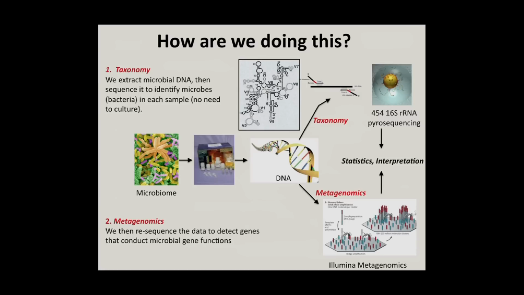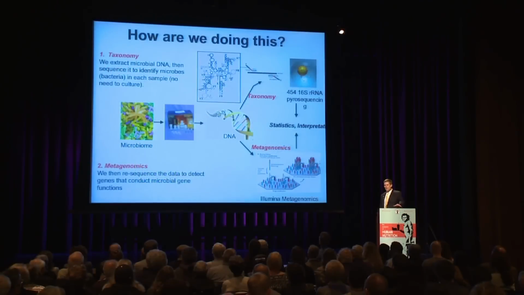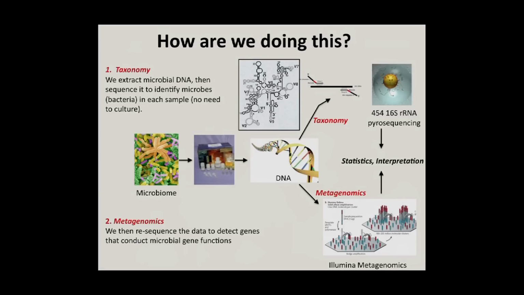So the first part of our project is really taxonomic. The second part is what's called metagenomic or functional. Here we're trying to figure out what the genes that come with the microbes are actually doing. So we're saying, what's the taxonomy, what's the structure of the ecosystem, and we're asking what does that ecosystem do, and again using various sequencing technologies to get to that.